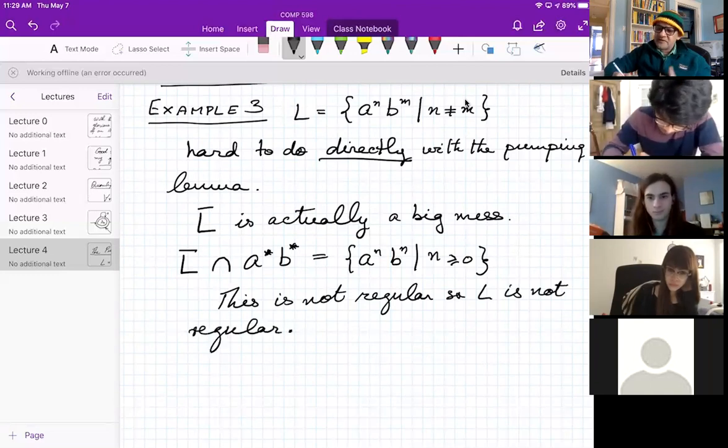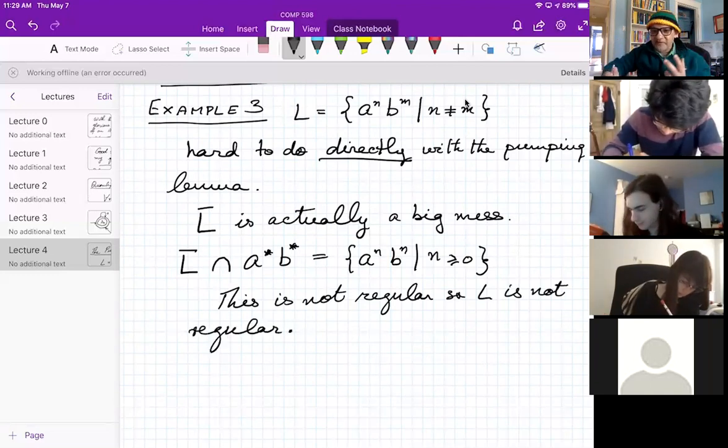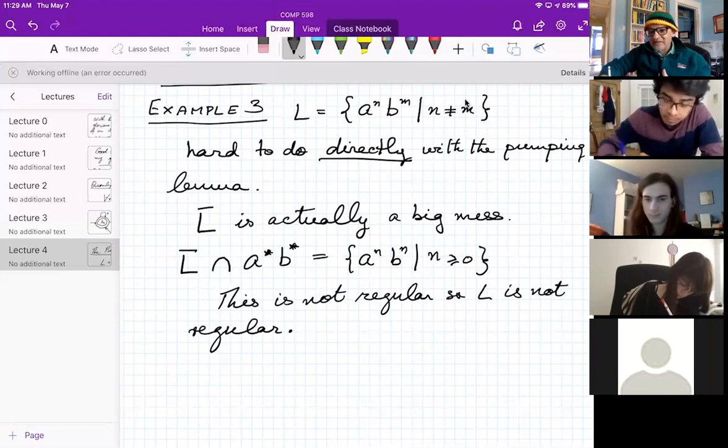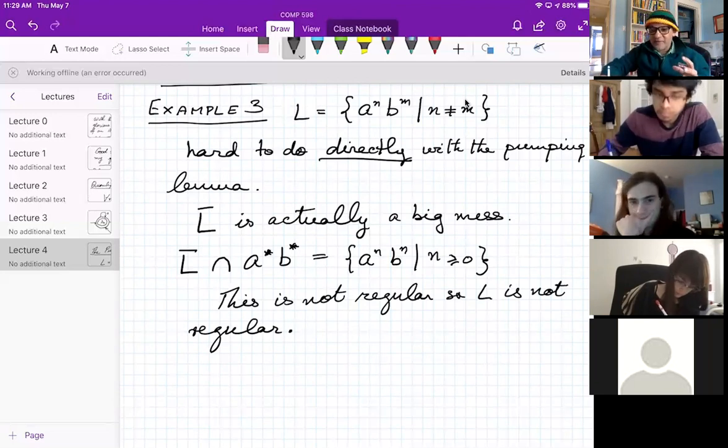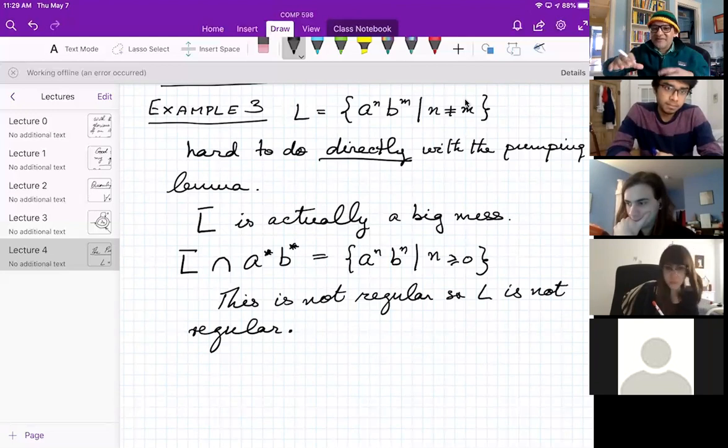You might look at this and say, but okay, we did this and we never used the pumping lemma. But of course, how do we know this guy is not regular? Well, that was a pumping lemma proof. So the point is, once you have a stock of languages that you know are not regular, and this is certainly one of our favorite ones, you don't always have to do pumping. Sometimes just some Boolean algebra will get you there without having to explicitly do pumping.